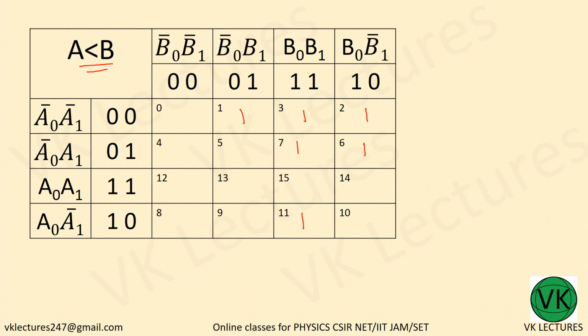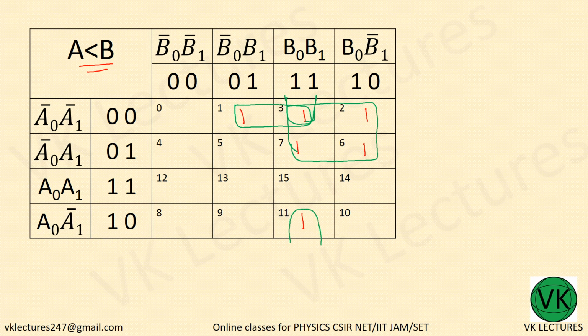Now after making the k-map, try to make the groups. So this is one quad, a pair, and another pair you can get from here, this one and here.